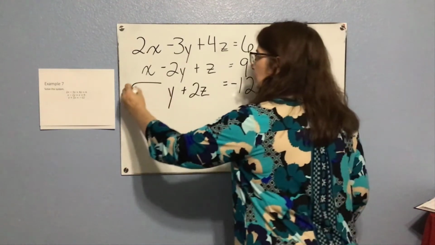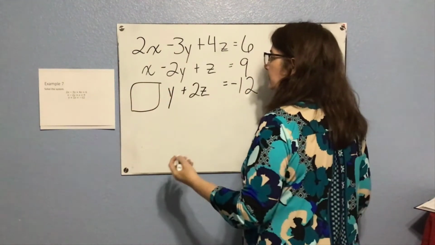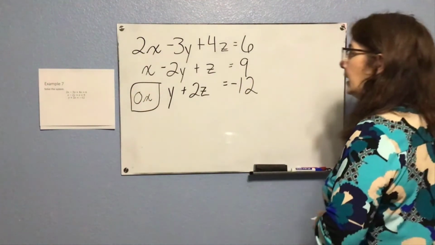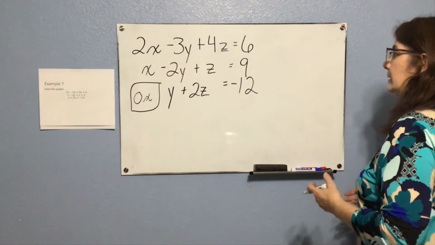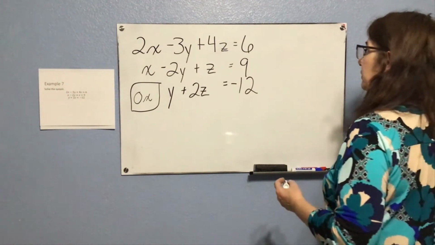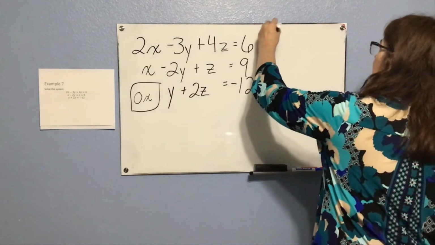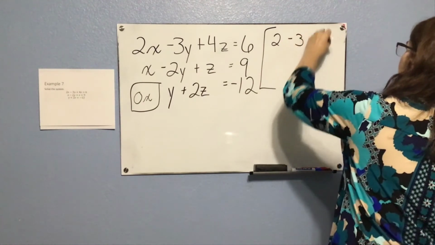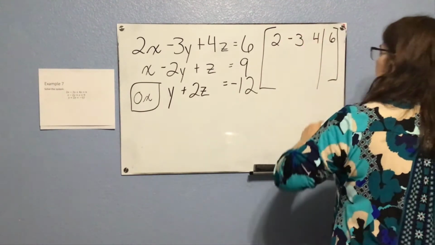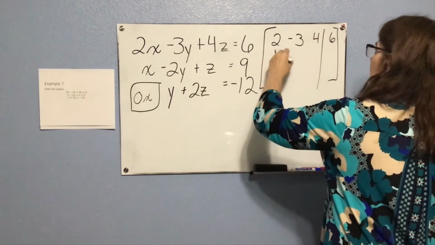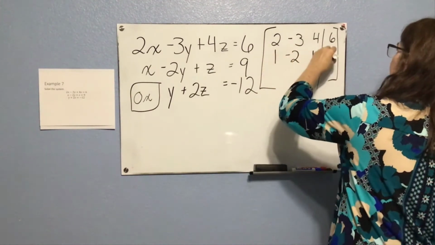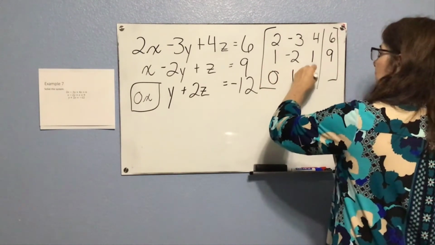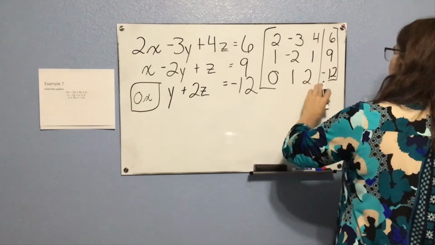There is no x term in the third equation, but if that bothers you, you can write in 0x. Everything's already lined up the way it should be, so we're ready to write our augmented matrix. We've got 2, negative 3, 4, and 6, 1, negative 2, 1, and 9, 0, 1, 2, and negative 12.